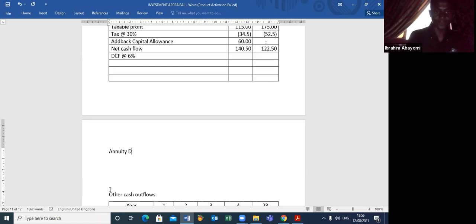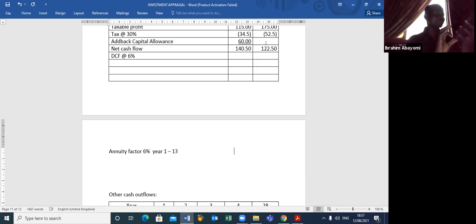Annuity factor at 6%, year 1 to 13, will give us 1 minus 1.06 raised to power minus 13, divided by 0.06.